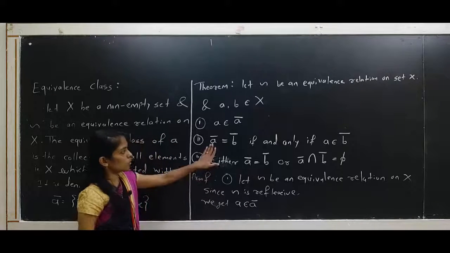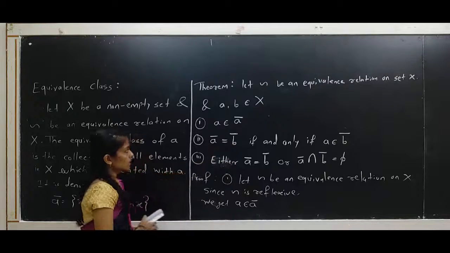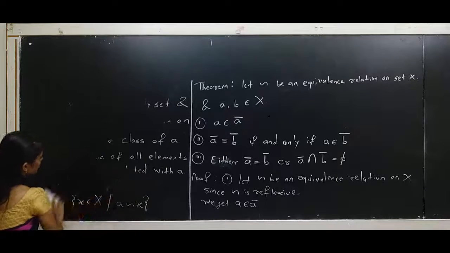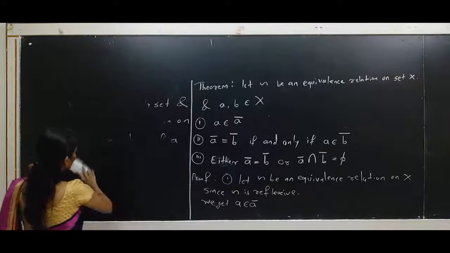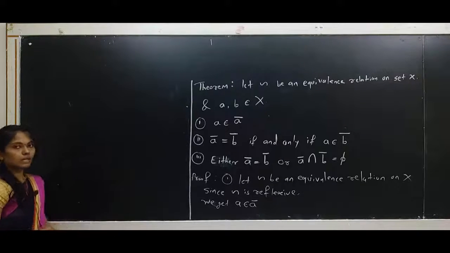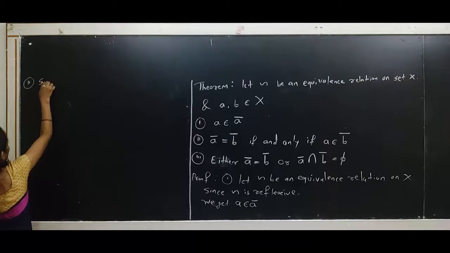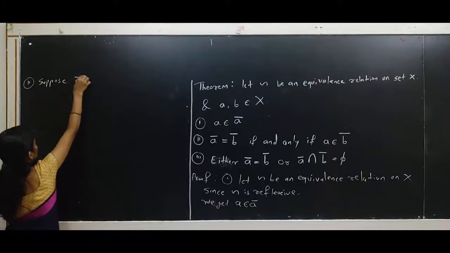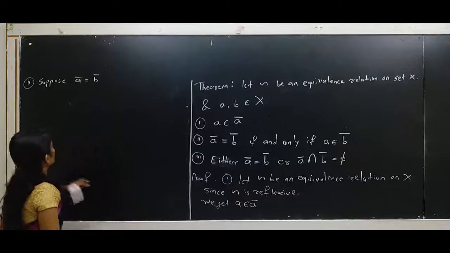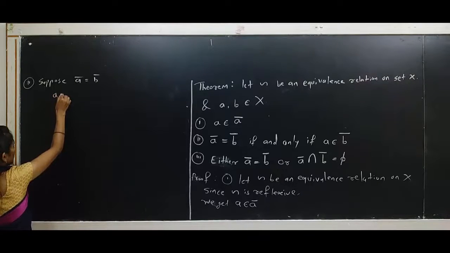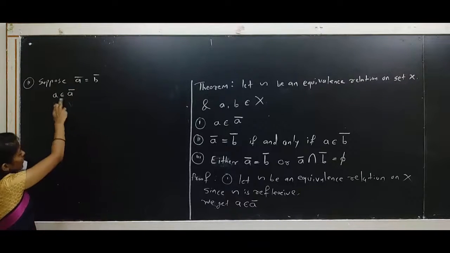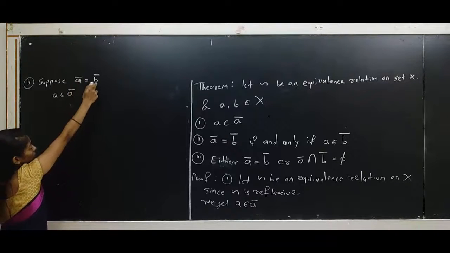Now second, here we want to prove that equivalence class of A equals equivalence class of B if and only if A belongs to the equivalence class of B. So first we assume that equivalence class of A equals equivalence class of B. Okay, so here A belongs to A bar, and here A bar equals B bar.